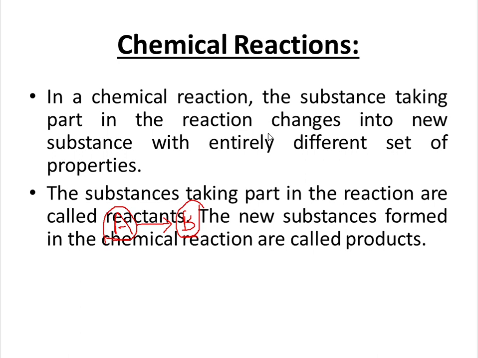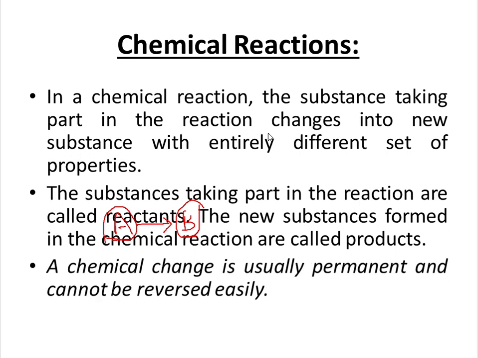And the substances taking part in the reaction are called reactants, and the new substances formed in the chemical reaction are called products. Now, a chemical change is usually permanent and cannot be reversed easily. So chemical changes are actually permanent changes, right?